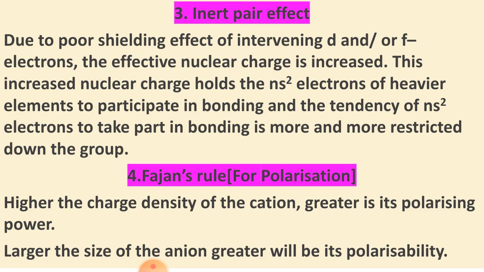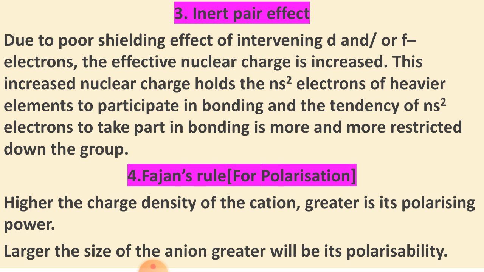Then, the more the polarization, the lower will be the melting point and the lower will be the boiling point. Then the tendency to form complexes also depends upon the polarizing power. That means the more the polarization, the more will be the tendency to form complexes.